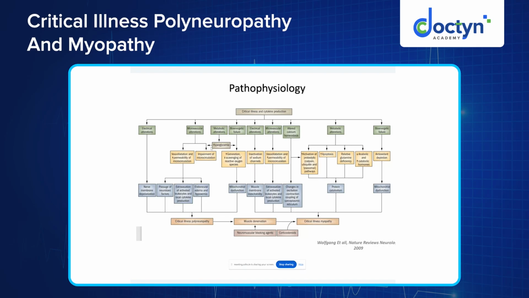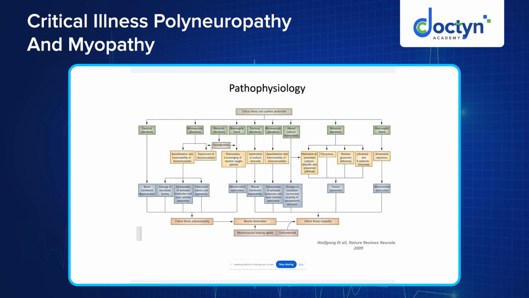Altered calcium homeostasis: there are changes in the excitation and contraction coupling of the sarcoplasmic reticulum, thereby leading to CIM. Some other metabolic alterations are increased apoptosis, glutamine deficiency, and increased activation of the proteolytic pathways. All this together leads to protein catabolism, protein breakdown, and that leads to critical illness myopathy.